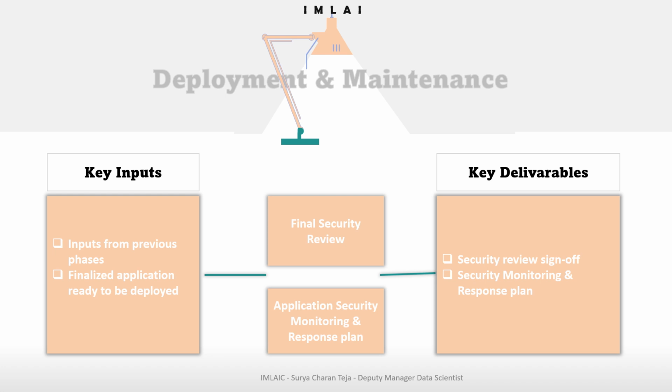So once deployment is done, what is next? As soon as the developed product is delivered to the customers or end users, they will first do the beta testing. That's called beta testing. Once it goes to the customer, this is called beta testing.